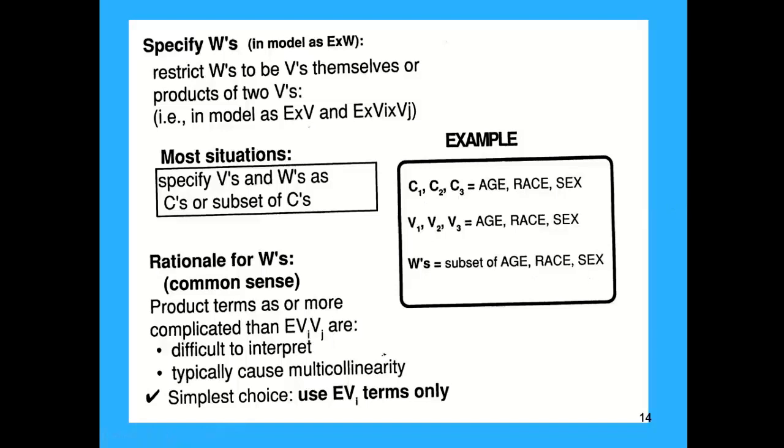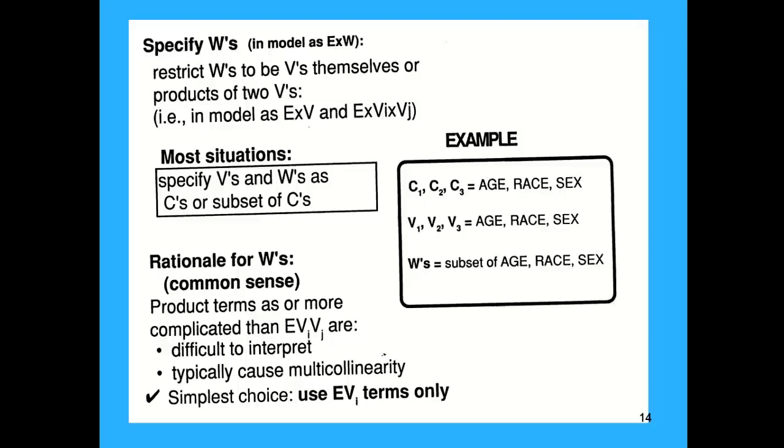Simple. Then you're allowing yourself for possible confounding and interaction with all of these variables. If you start putting in age times race as a V and age times race as a W, then you have to worry about more things, and you have to decide that. It's not that easy.